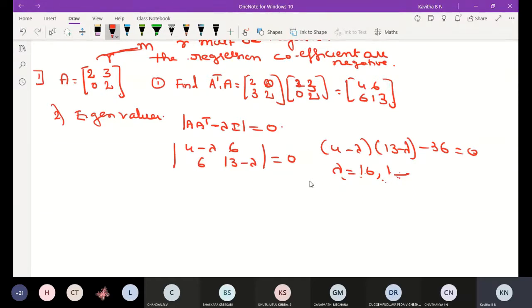Okay, observe here: lambda 1 is equal to 16 and lambda 2 is equal to 1. Eigen values in descending order. Okay, don't forget it. You have to write it in descending order only.